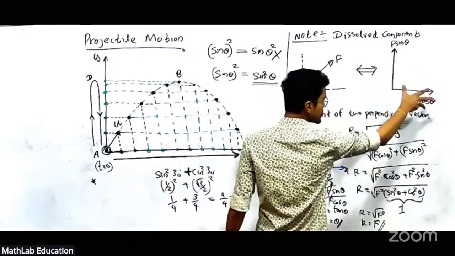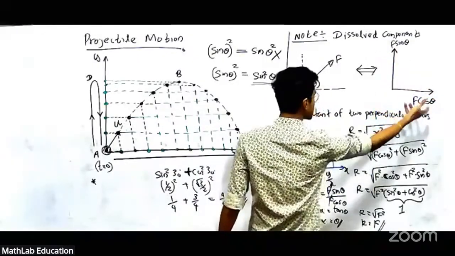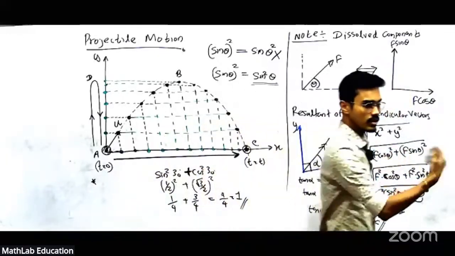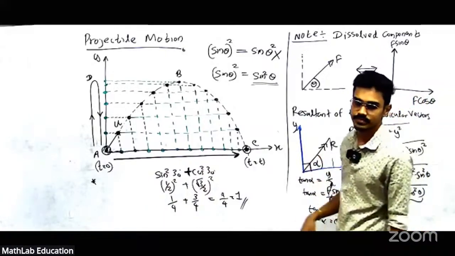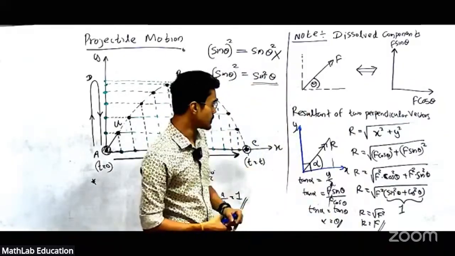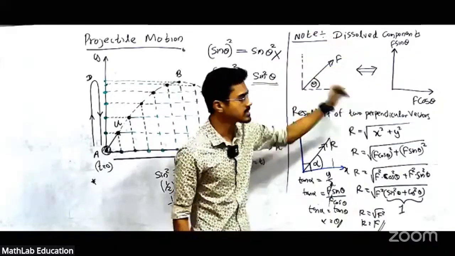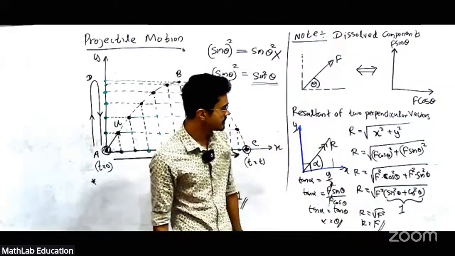And similarly, we can take the resultant of two perpendicular vectors like this. We have to know both sides, back and forth operations. This is dissolving, and the opposite action of dissolving is finding the resultant.